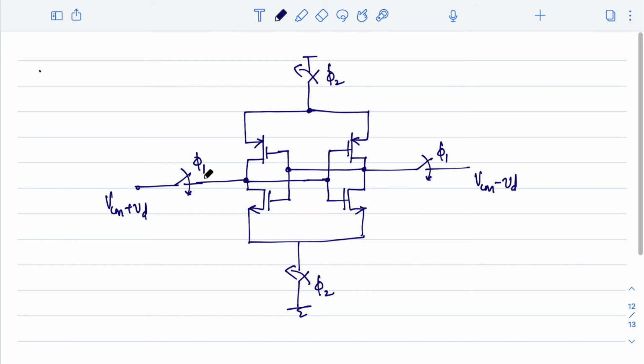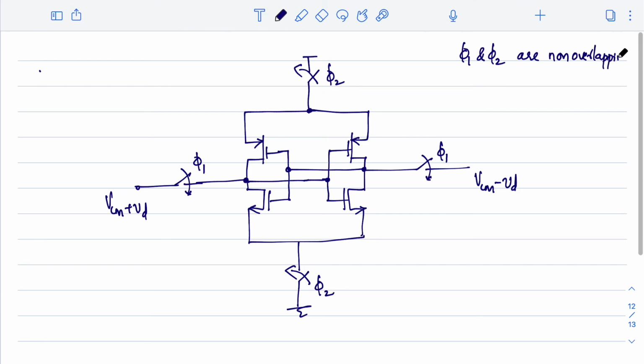During phi 1, whatever voltage is there, the sampling instant is the falling edge, so that voltage will be available across this node, this nodal capacitance. And when phi 1 goes low, only after that, by the way, phi 1 and phi 2 should be non-overlapping clocks.